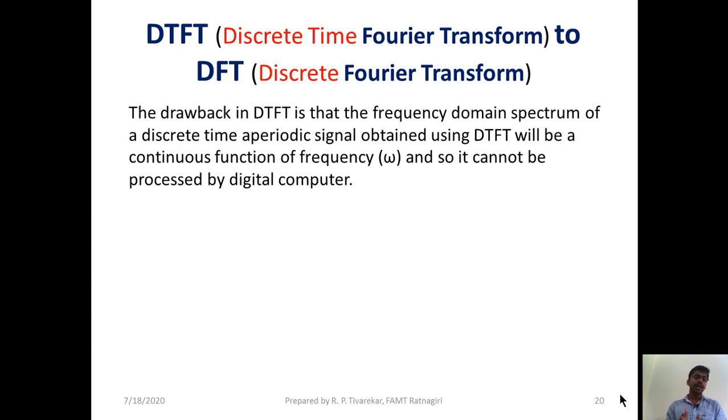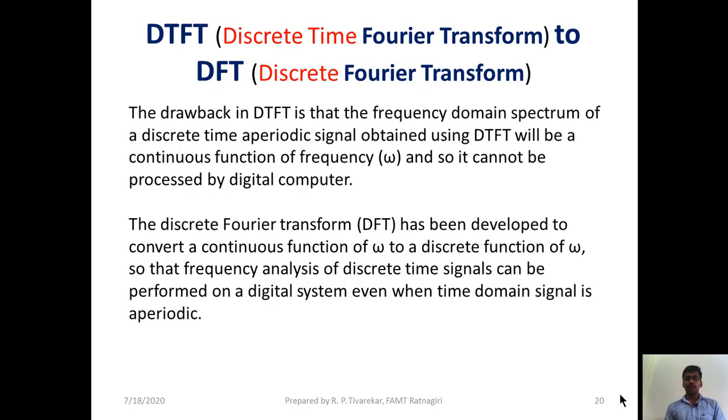And when we discretize that data, we realize that the periodic data discretized will result in a very large number of samples. What we are interested in is only one period out of that. So the discretized spectrum with only one period will give us a pair called DFT, where we have both time domain and frequency domain data discrete, as well as both having only one period.